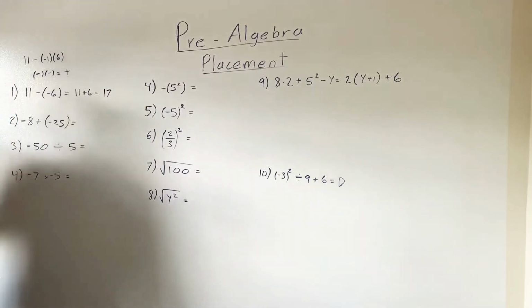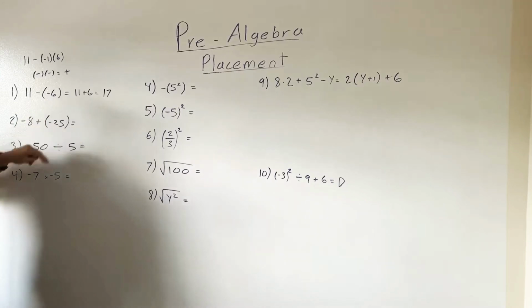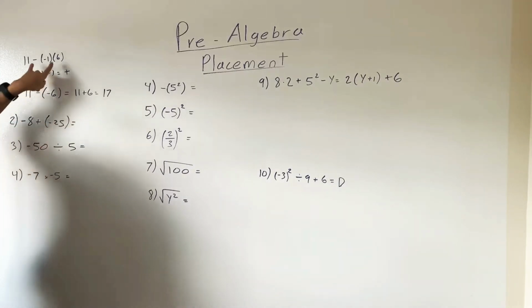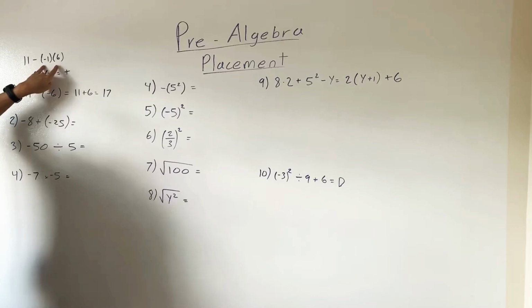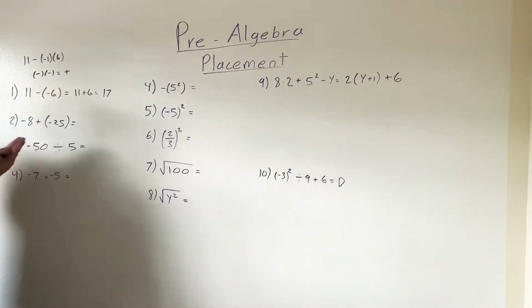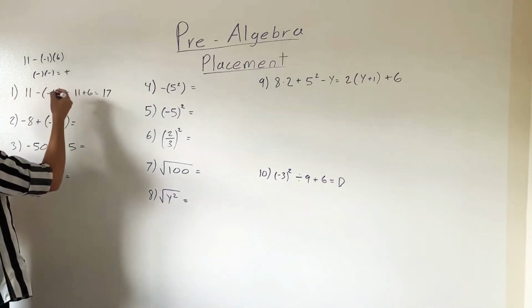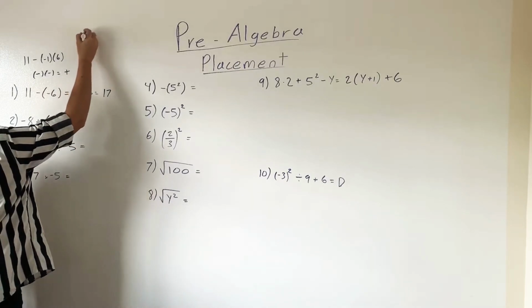If we go to the second question, we have -8 plus a -25. We can apply the same rule here as we did to the first problem, where we see that -25 we can think of as -1 times 25. With that -1 next to a positive, if you remember from pre-algebra, we're taught that a negative times a positive will always give us a negative. That's another good one to have as reference.